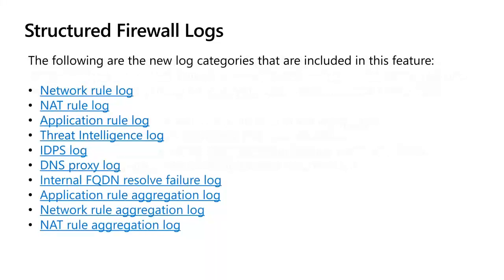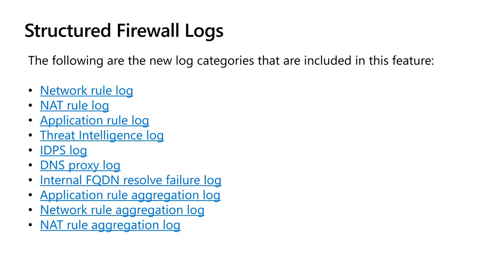Moving on, when we look at the different categories of tables for the structured firewall logs, we have just listed the different categories. We have 10 new categories in total, which we use for logging of respective firewall rules. For example, the network rule log table will have the logs from the network rules, and the NAT rule log table will have the logs from the NAT rules, and so on and so forth.